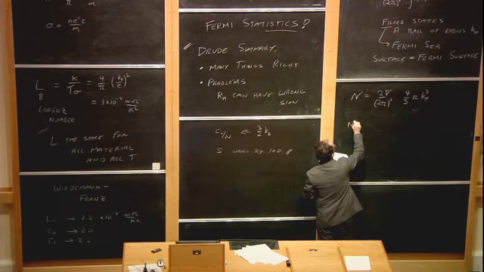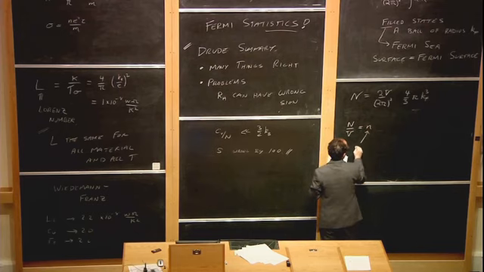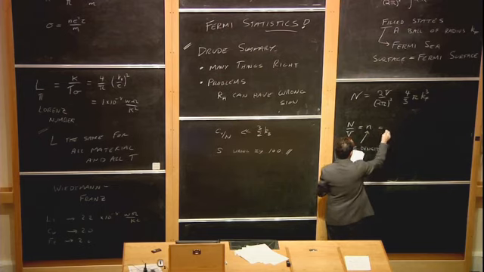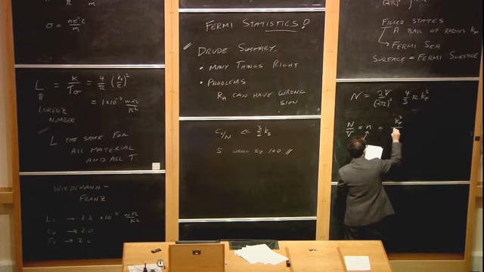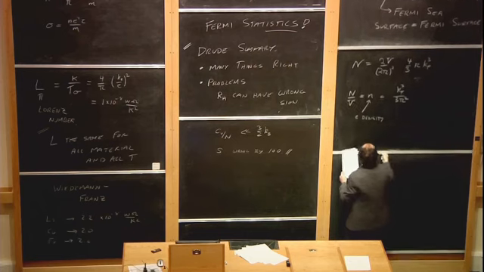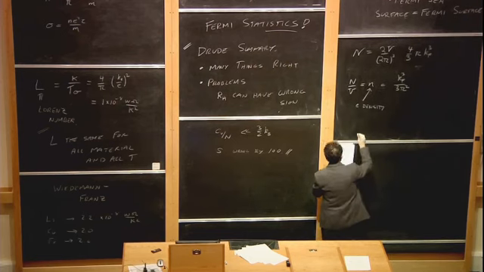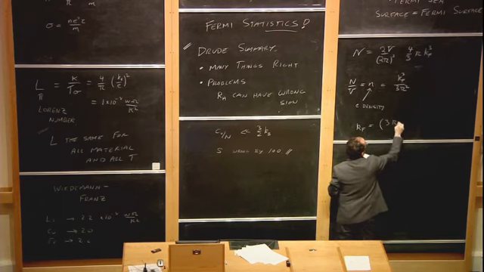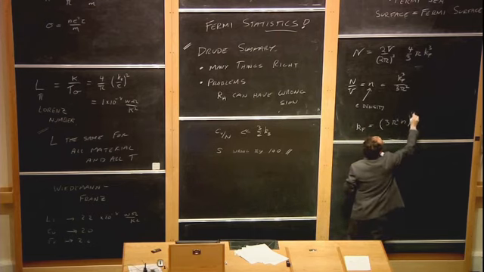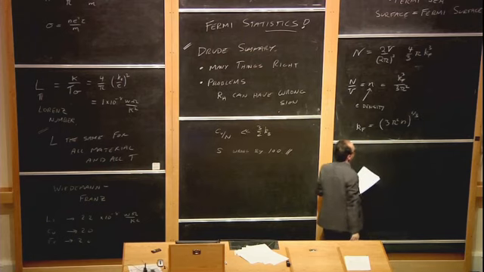We'll get N over V, which is the electron density n, which is k_F³ over 3π². Then solve this for k_F. We'll get k_F equals (3π² n)^(1/3). So if we know the density of electrons, we know k_F.